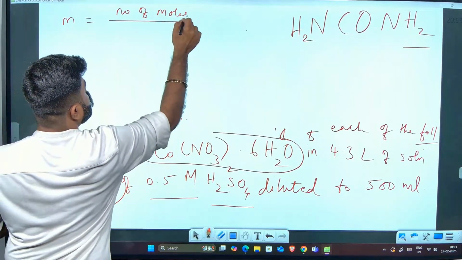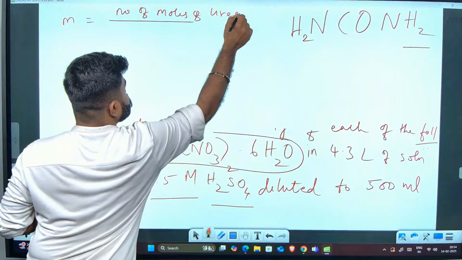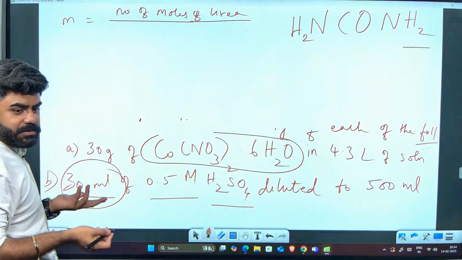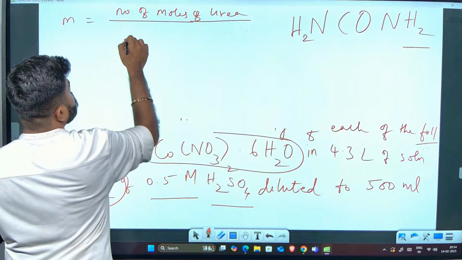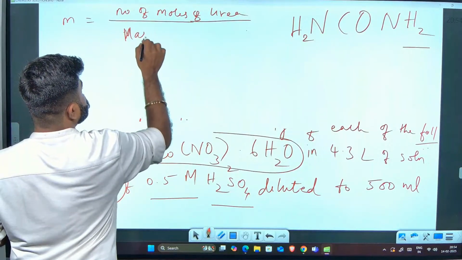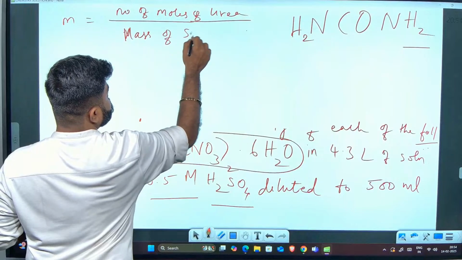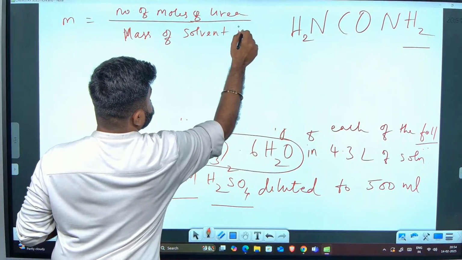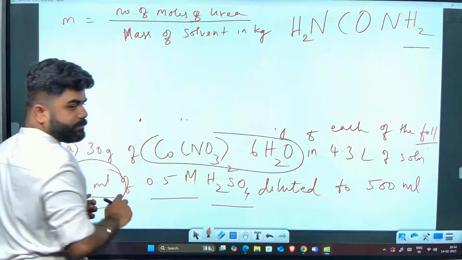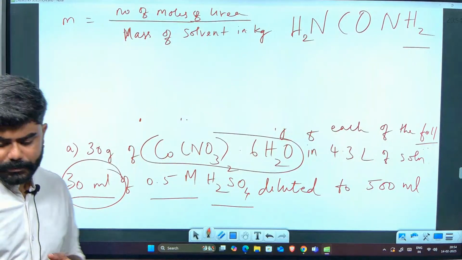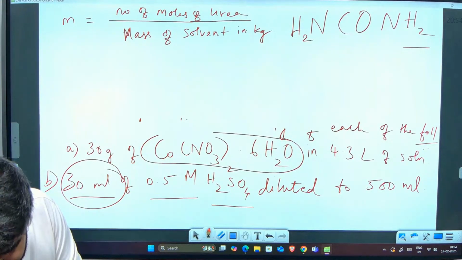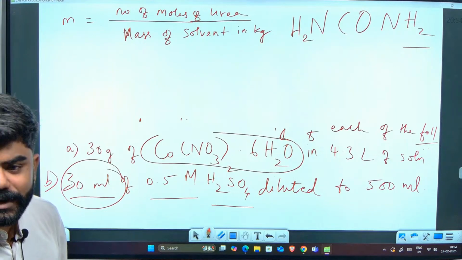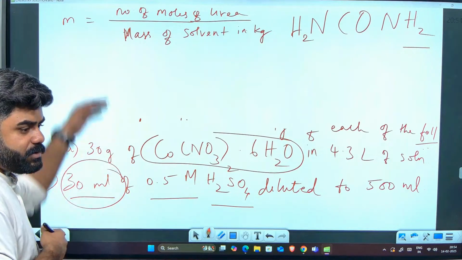Number of moles of urea, which is the solute here, divided by mass of solvent in kg. In making 2.5 kg, that is your solvent.